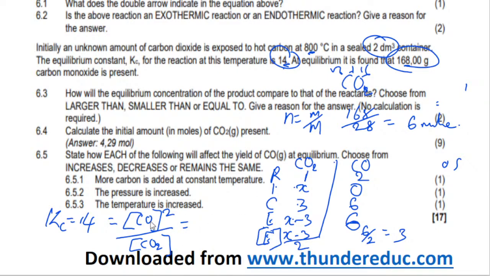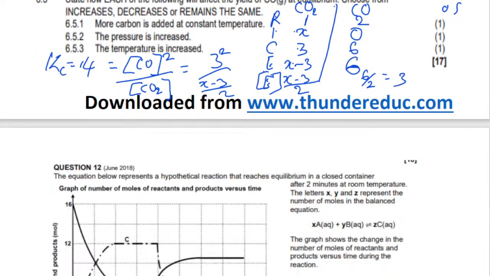So this one is going to be 3 squared divided by x minus 3 divided by 2. After that, you guys are mathematicians, you can calculate it.